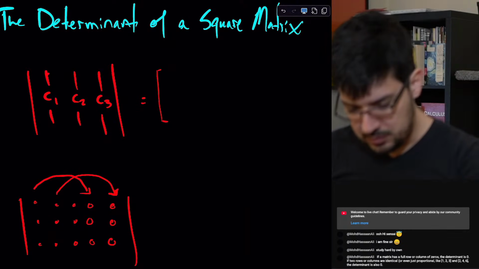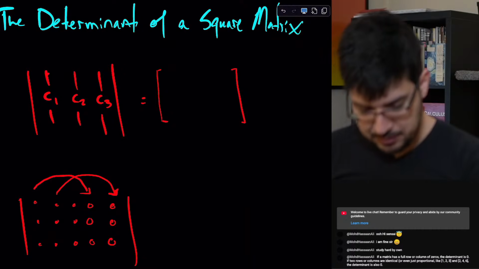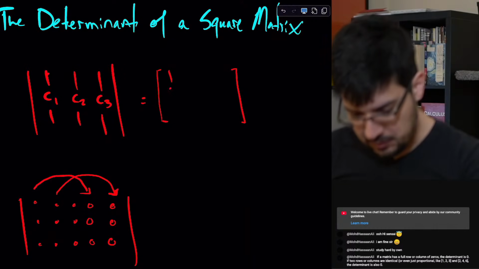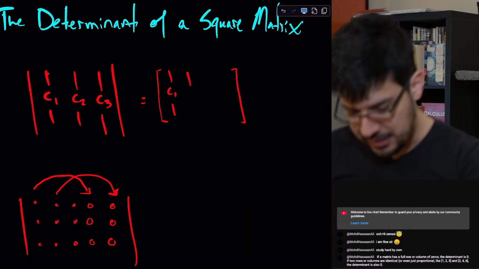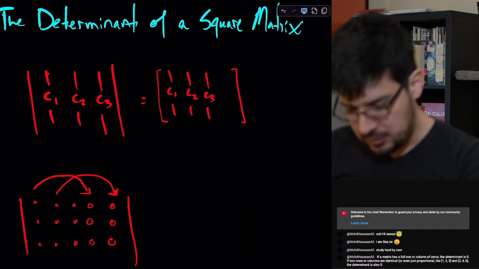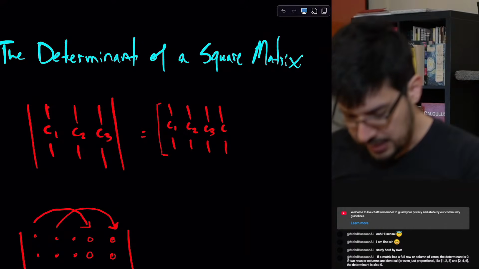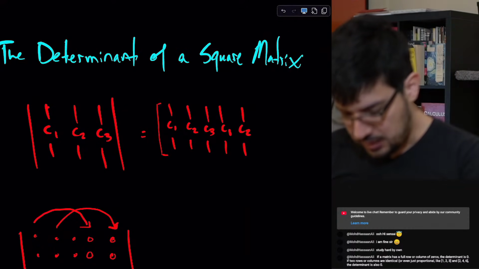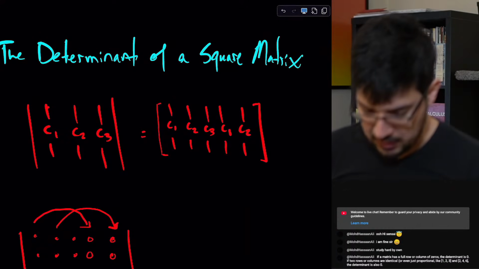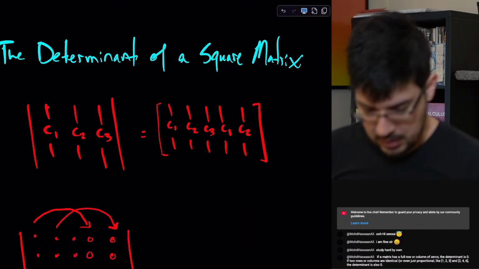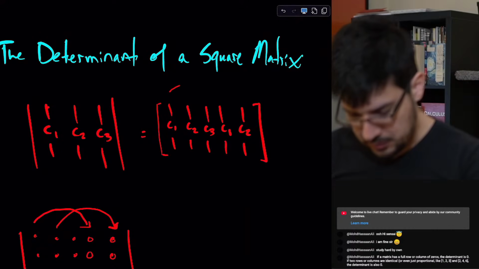I'm going to write this in brackets because I want to make clear that we're not taking a determinant of this new rectangular matrix. Instead, we're creating an augmented matrix where the fourth column is a copy of column 1, and the fifth column is a copy of column 2. That's why I drew an arrow here.